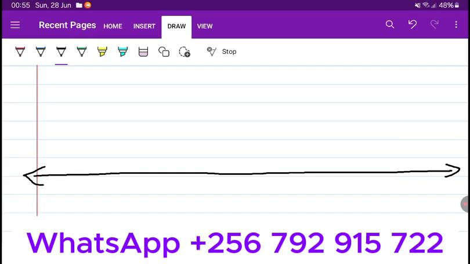But I'm only going to indicate values that are important. For you, get an appropriate scale depending on your graph. Maybe you can say 1 centimeter represents 10. Let's try and see if we can manage that.